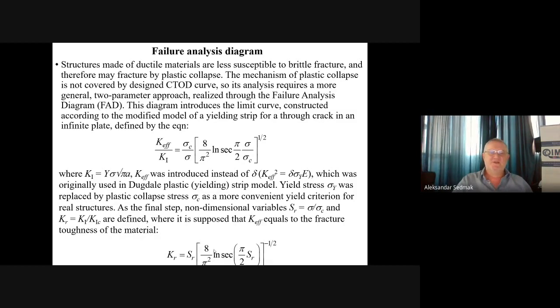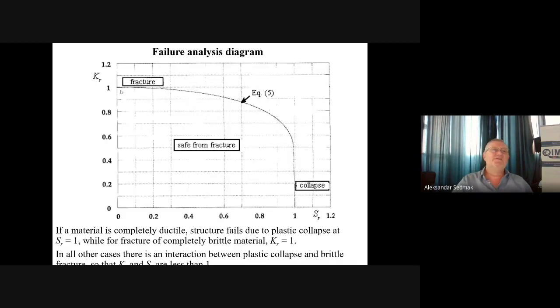And this is actually the limit curve, which is here drawn in a diagram where the non-dimensional ratios are given as x and y axes. So plastic collapse probability is increasing along the x axis, and if it is more than 1, then we consider collapse a very possible event.